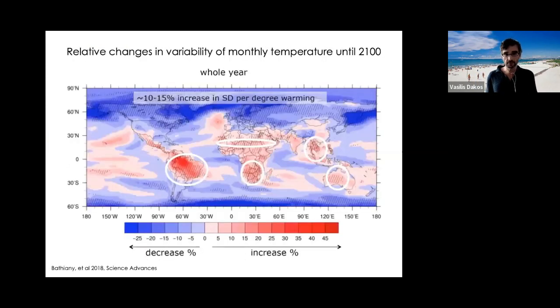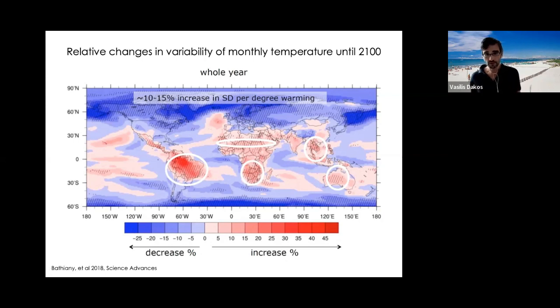So by doing this, we were able to construct a map of changes in future variability that would indicate climate instability. And with the red, you see the places where we will have an increase in variability compared to what has been observed in the past, whereas with the blue, these are the places where there would be a decrease in variability.